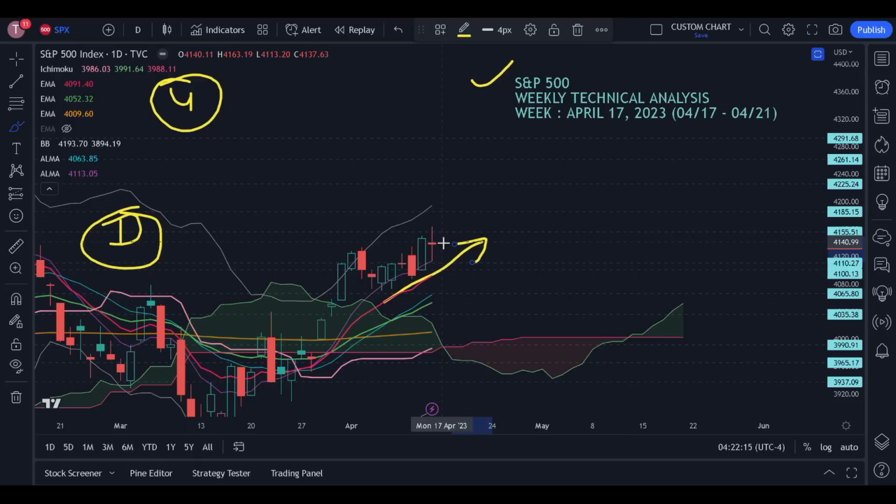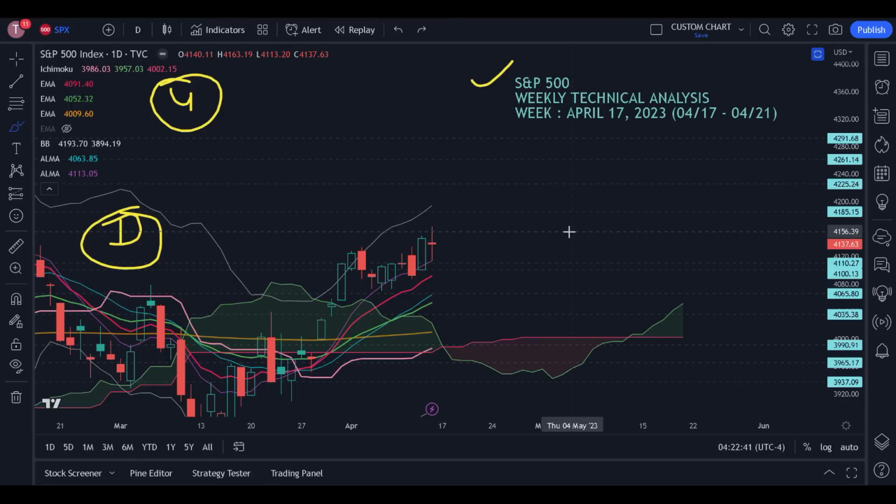Therefore, the candle is indicating a reversal. If there is any reversal, then it will be an intraday reversal, a little reversal, maximum up to 4100 or 4110, but not even to these levels. There will be some other levels, and then there will be the continuation of the short term bullish trend.